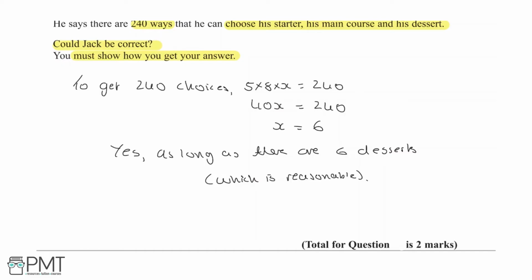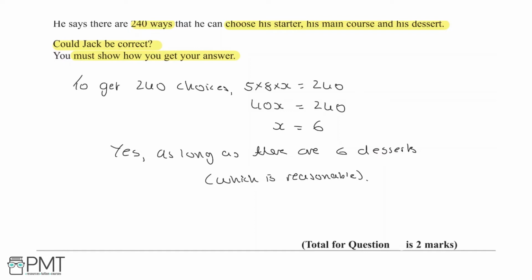Because you can have ice cream, you can have 3 or 4 different types of cake, you can have waffles, all sorts. So yes, it is reasonable for a restaurant to have 6 or even more desserts. But as long as there are 6 desserts, then you can reach 240 choices. So he is correct in terms of that, and it is feasible.